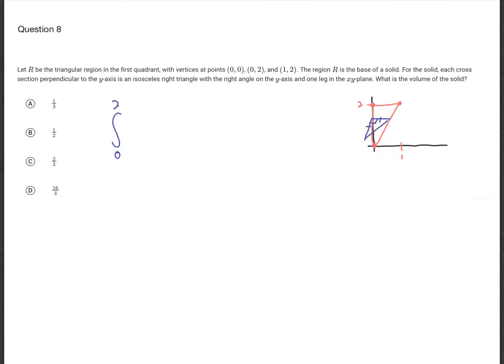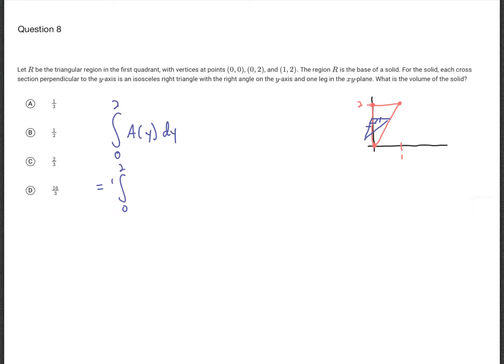And we're integrating an area function in terms of y. So it'll look like that. Our area is an isosceles right triangle. So whatever the side length is, it's side length squared divided by 2.